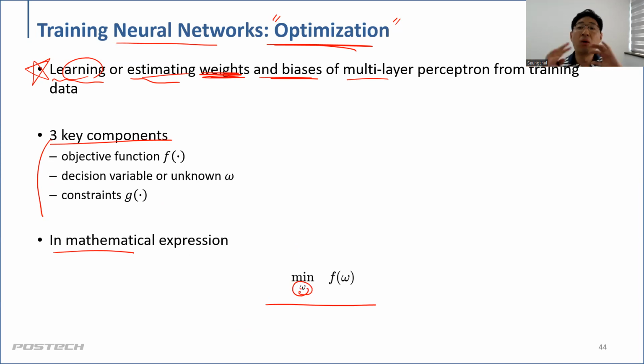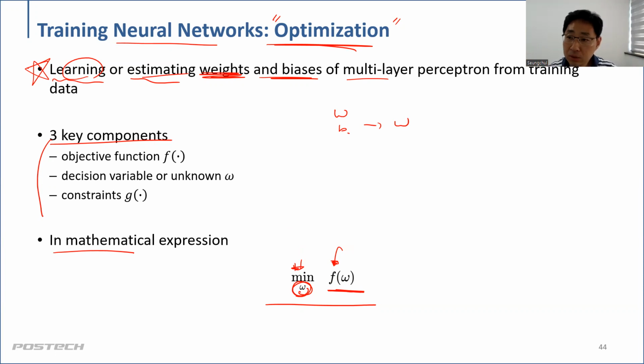Here, omega is all the omegas in the neural net, omega and bias, but I'm just going to say omegas. So omega is the decision variables, and I want to minimize something. Here the objective function is f, and I'll tell you later what the objective function in a neural net is.